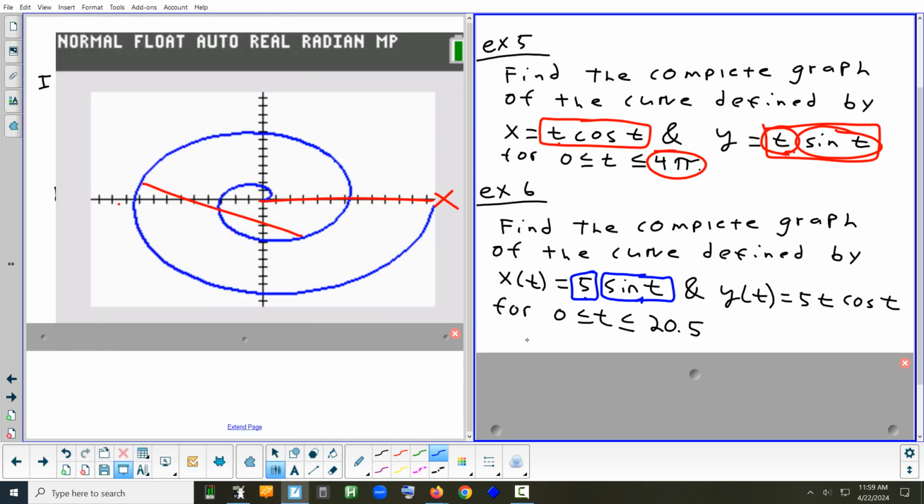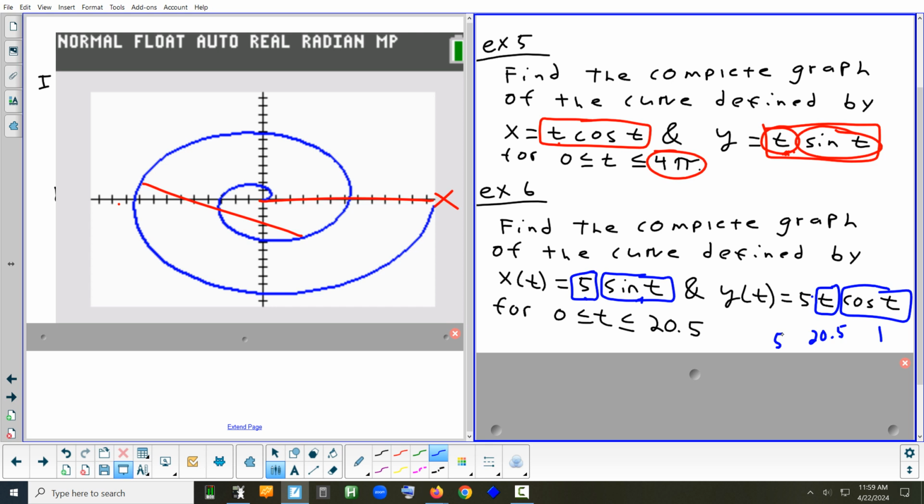All right, let's think about this one. Cosine. What's the biggest cosine can get? 1. What's the biggest t can get? 20.5. And what's the biggest 5 can get? 5. Multiply those together, and that's the biggest y value you could ever see in this whole graph.